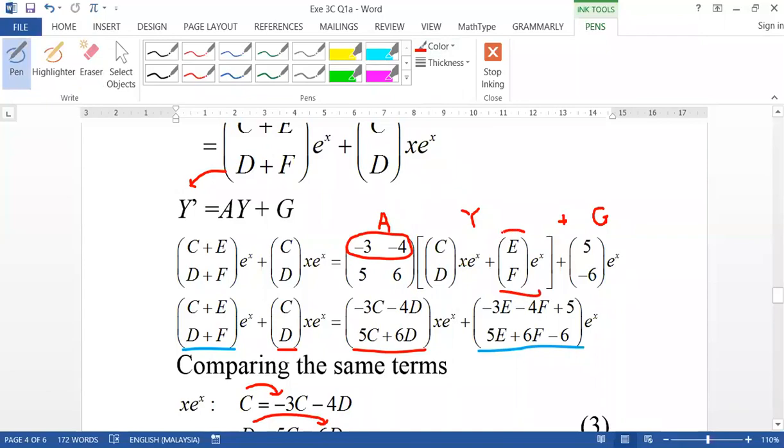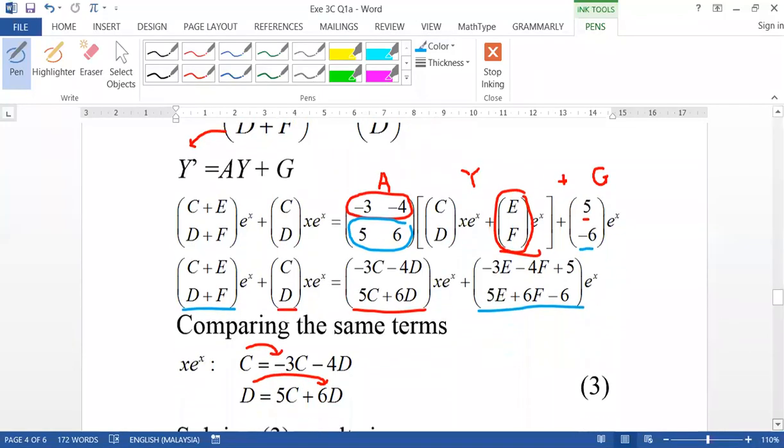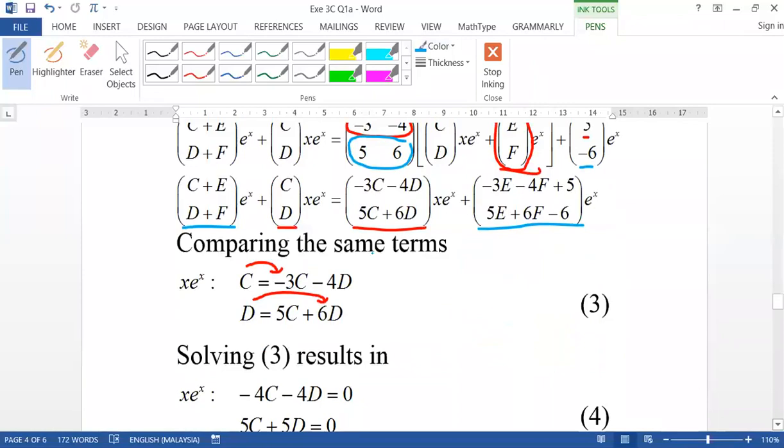Now you have here negative 3 times e, negative 4 times f, so negative 3e, negative 4f. This is the exponent x term, and then I collect it with this 5 for the first row. For the second row, you use the second row times here, 5 times e plus 6 times f, and collect with this term negative 6. Later on you compare the same terms. First you compare the x exponent x like just now.